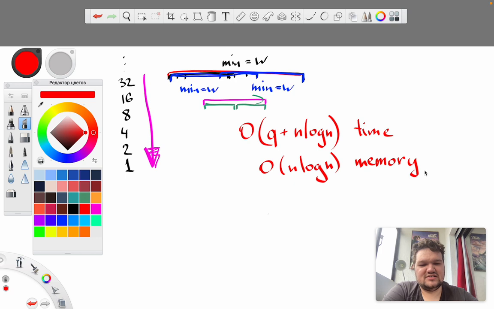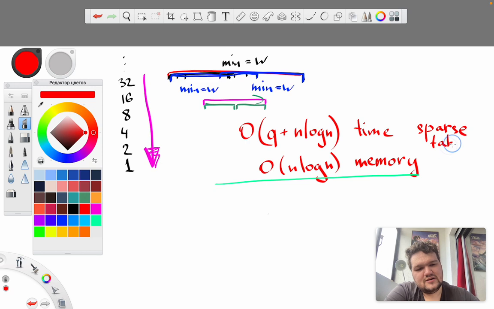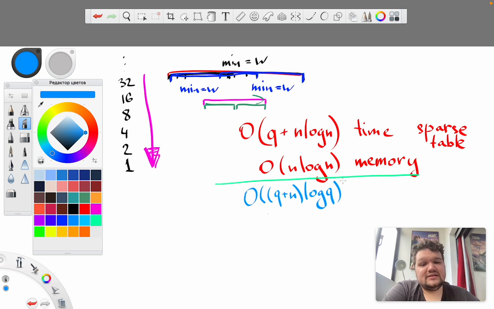So yeah, that's this sparse table solution. Then there was scanline with set, but because you do operations with set, that's (q plus n) log q actually, but doesn't matter probably, time, but linear memory.